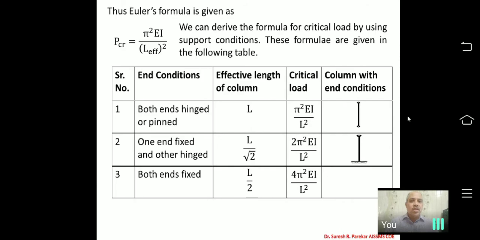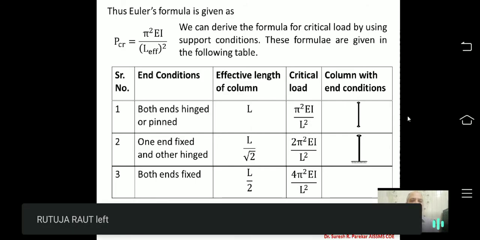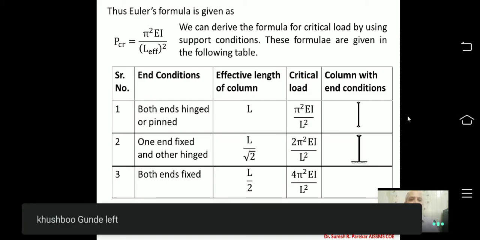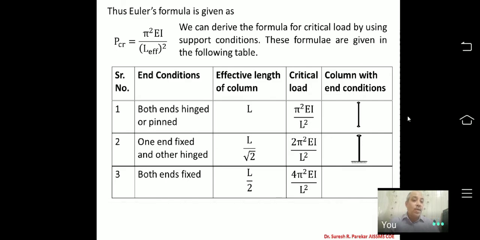Now we go to the third, where I have both ends fixed. When we have both ends fixed, then we have the value L by 2. Now you can see, if you have one end pinned and one fixed, then you have L by root 2. Now try to understand this effective length, because you have to keep in mind only one formula, PCR, then the critical load formula you can find.